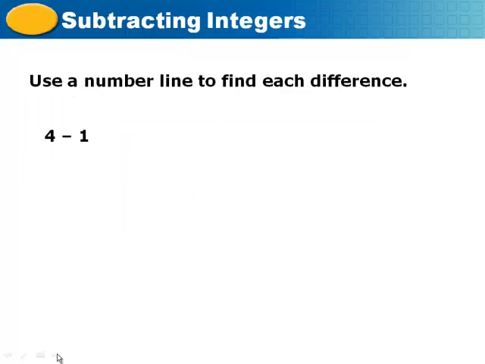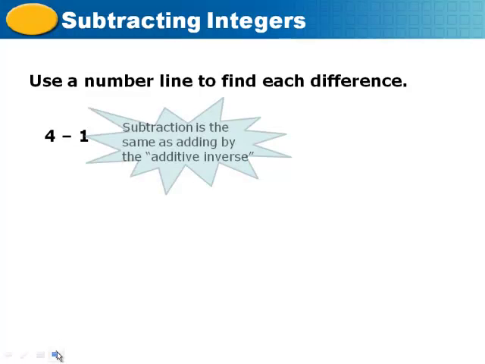So looking at our first example, we're going to use the number line to now subtract +4 minus +1. First we want to recognize that subtraction is the same as adding by the additive inverse. So this is essentially the same as 4 plus -1.